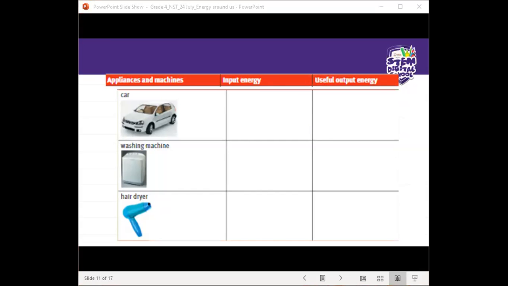Ma'am, it comes from the battery from the car, and the output energy is force, sound, gas, and speed. So we have sound, gas, and speed. All right. Thank you very much, Kiara.